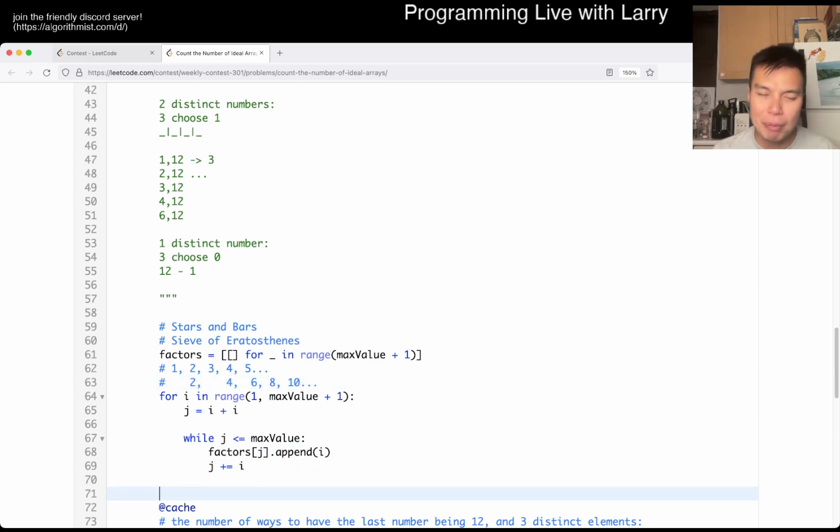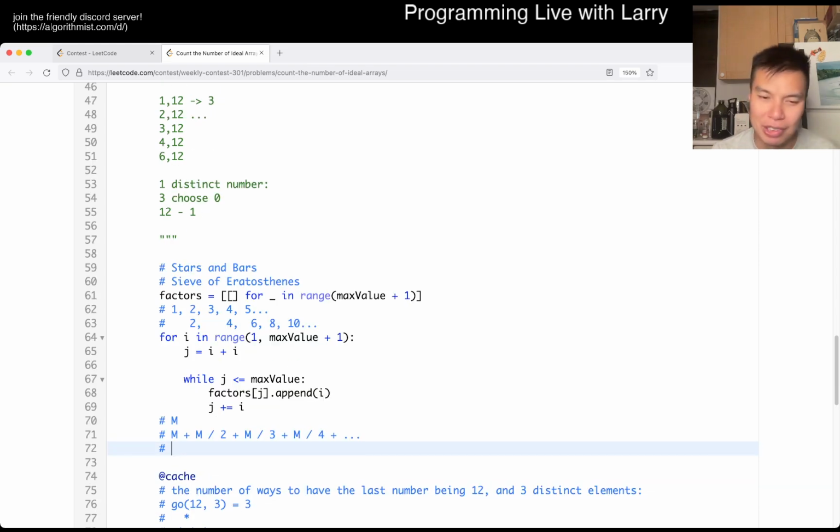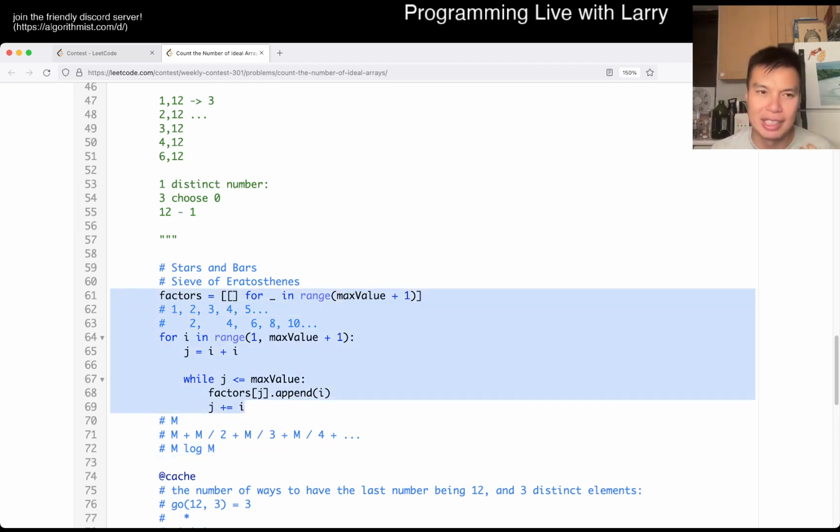And maybe surprisingly, maybe you don't know, but given that the max value is, let's say, m, this is going to take m times 1, plus m over 2 plus m over 3 plus m over 4, and so on, right? Which you might not know, but I'm telling you now because I always have trouble doing it. This is going to be m log m roughly. So this algorithm will take m log m, so it'll be fast enough given that m is only 10 to the 4th.